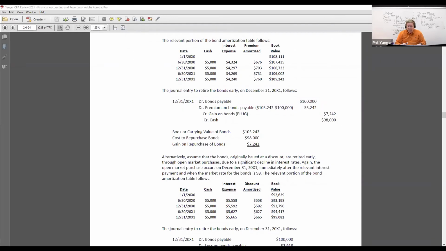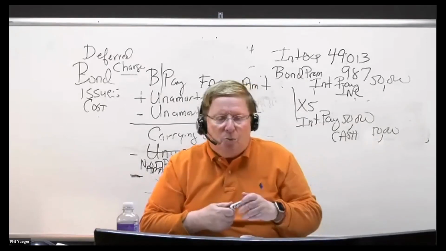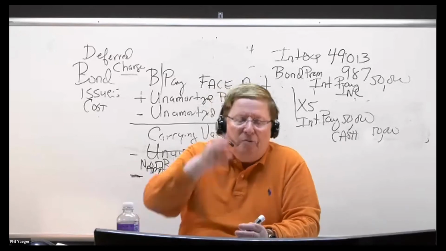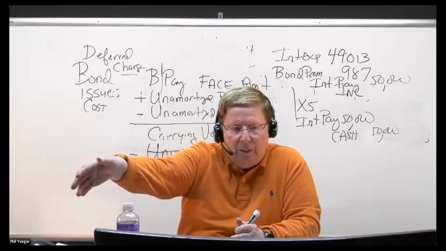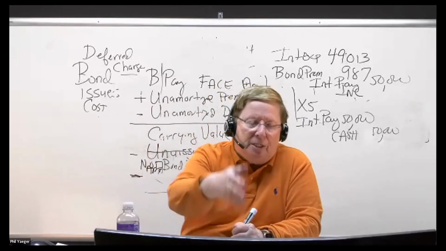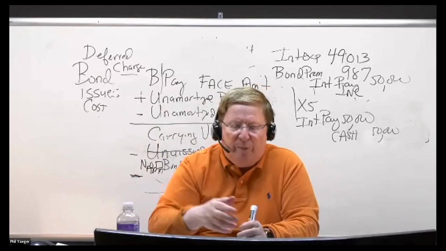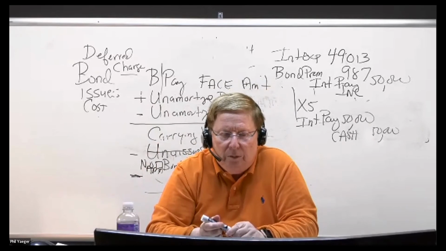And if it's just a proportional retirement, you compute the proportional percentage of the premium or discount. If you retired half of the bonds, you would debit bonds payable for half of the face amount, and then debit unamortized premium for half of the unamortized premium. Got it. Thanks so much.